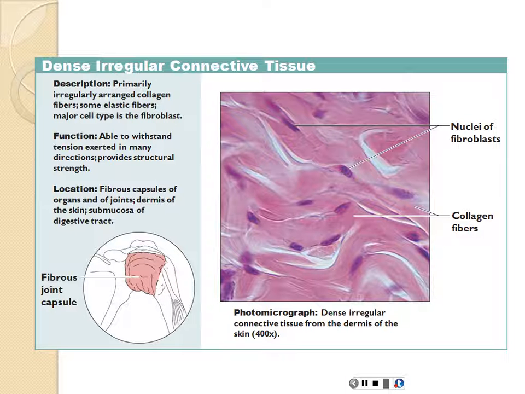Okay, so the epidermis is made of epithelium. What type? Not simple. Right, stratified. The skin cells, remember there's several layers, and the further those cells get away from the nutrient source, they die. So the stratified squamous epithelium, and the dermis is made of dense irregular connective tissue.